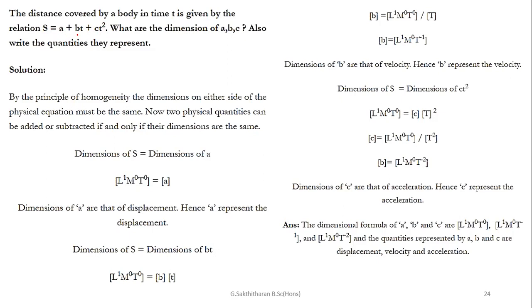A equal to B into T and also C T square, because this is the equation. As we already know, only the same physical quantities can be added or subtracted; other quantities we can't add or subtract.